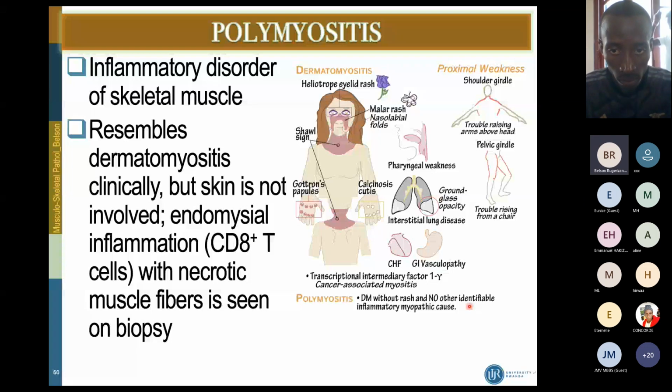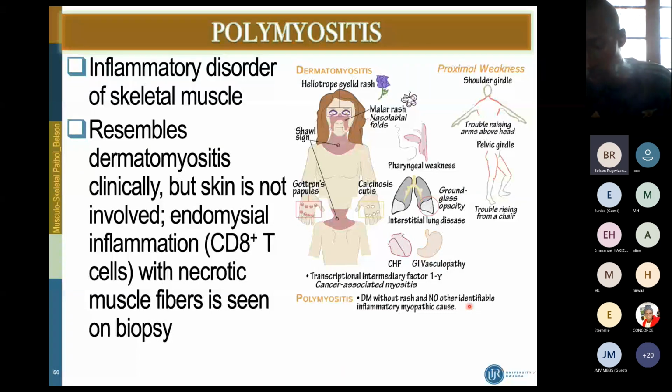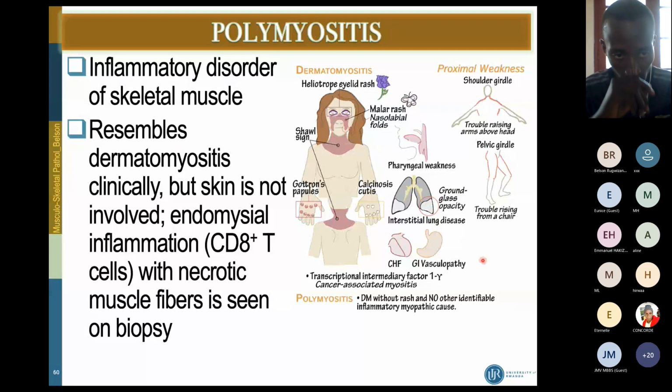So polymyositis, this is inflammation of the muscle, skeletal muscle. It resembles dermatomyositis, but here the skin is not affected.